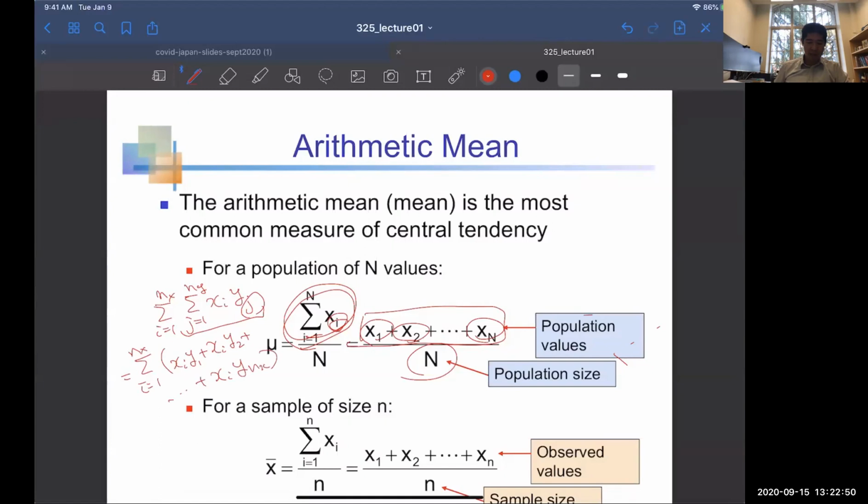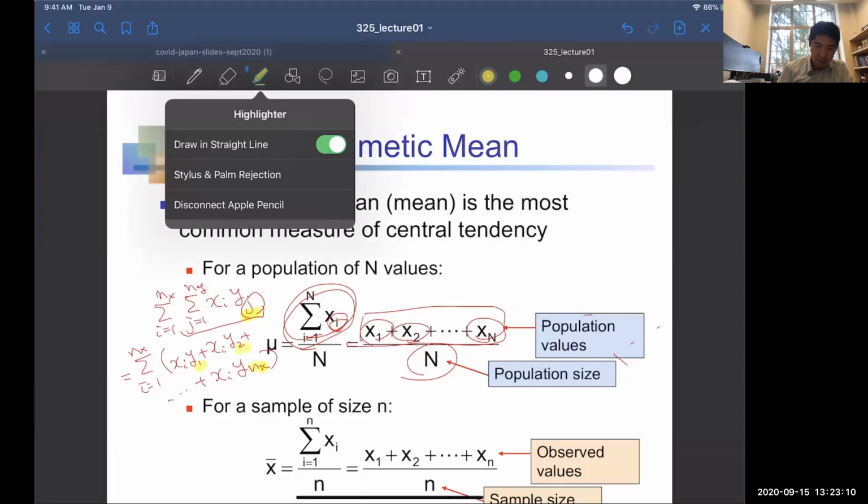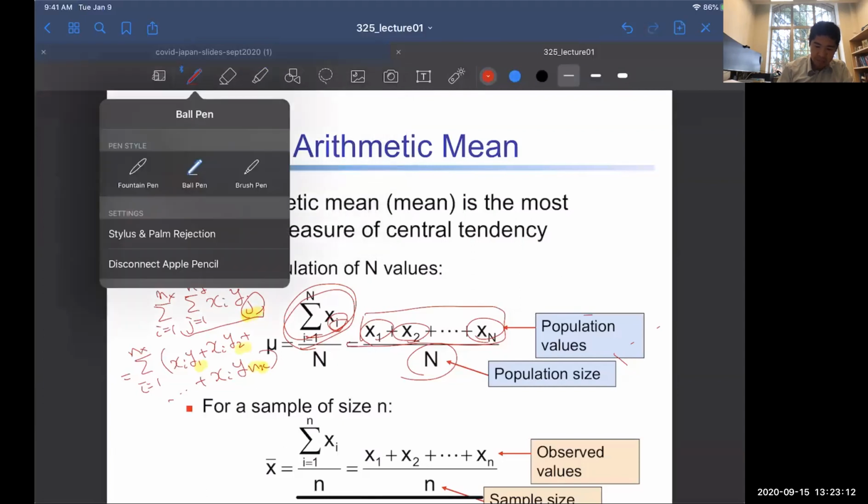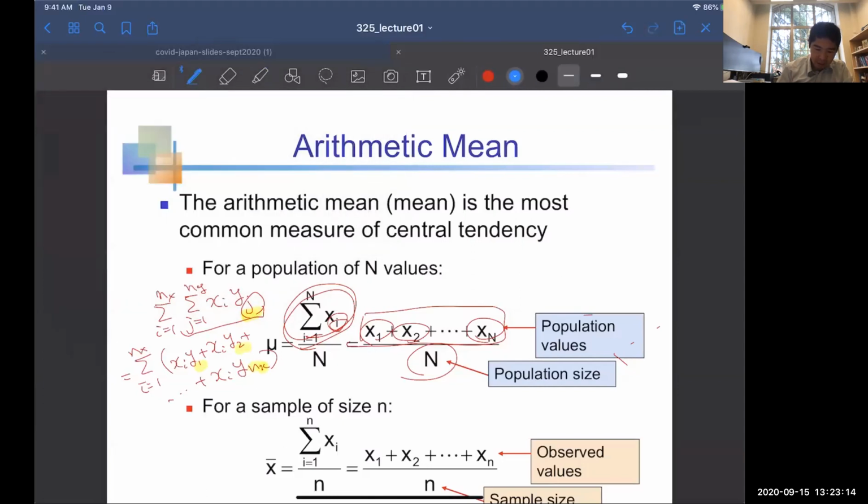Whenever you have a double summation, until you get used to it, I recommend you sometimes open it up to make sense of what the double summation means. The key point here is that the index of j is changing, while the index of i is fixed at i.